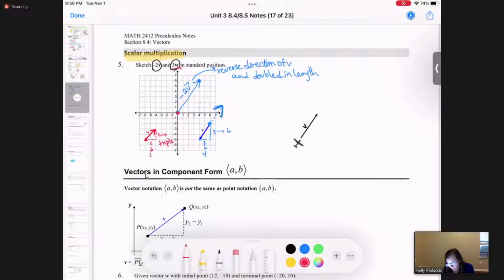So we want 6 and 6. We want it out here. So let me draw one line. And this is 3w. And so all that this did was triple the length. This tripled the length. No change in direction.